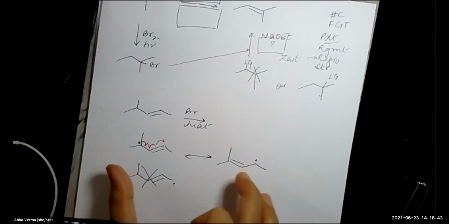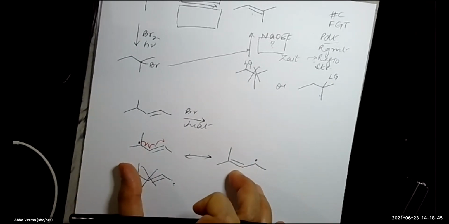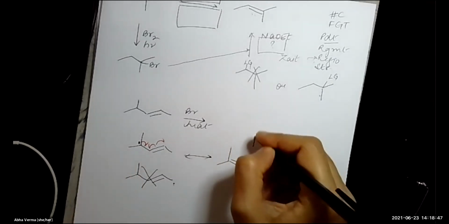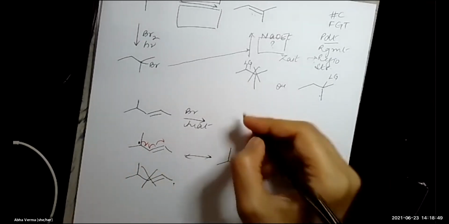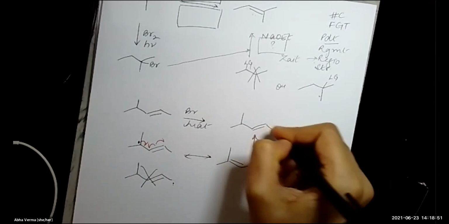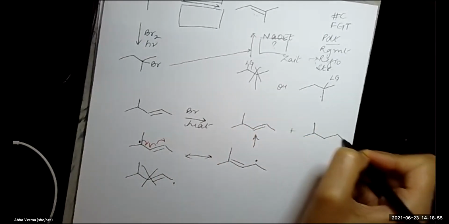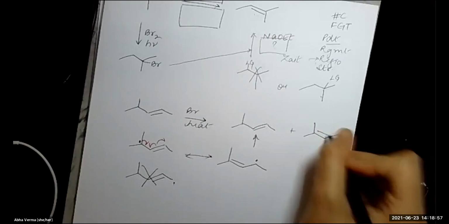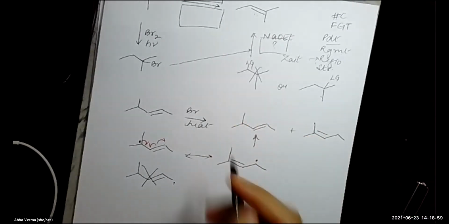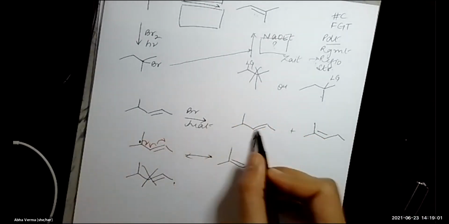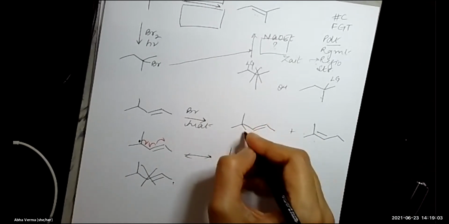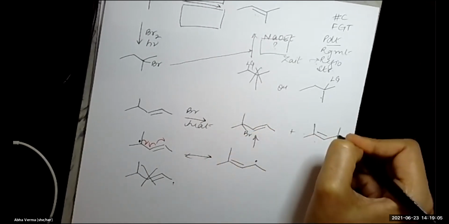So this will be one of the propagation steps. And so from both of these, I'm going to form product. So when you look at the mechanism, both of these products will form.